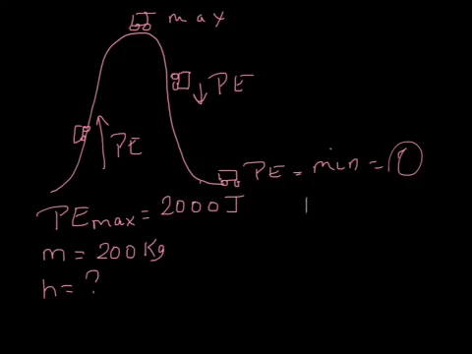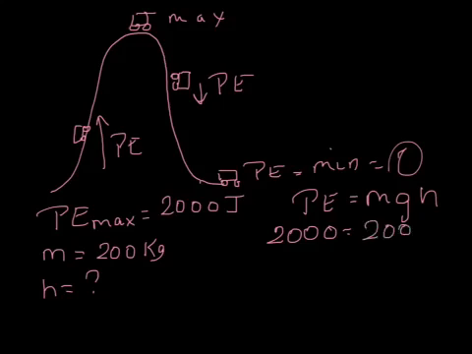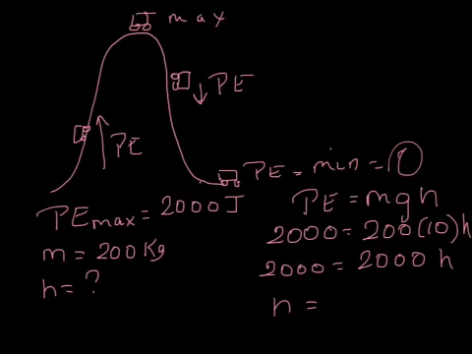So we know PE equals mgh. So we've got 2,000 equals 200 times 10 times h. So this is 2,000 equals 2,000 h. So our hill is 2,000 divided by 2,000. Our hill is only 1 meter tall.